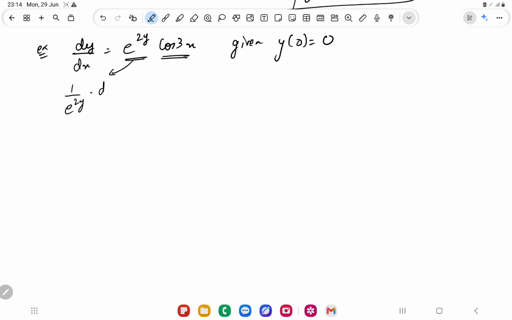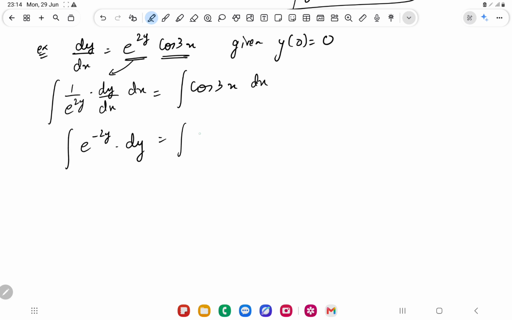It will become like this. Now I can integrate both sides with respect to x. I will get this. So I can write it as e to the power minus 2y dy, and this remains as it is, cos 3x dx.